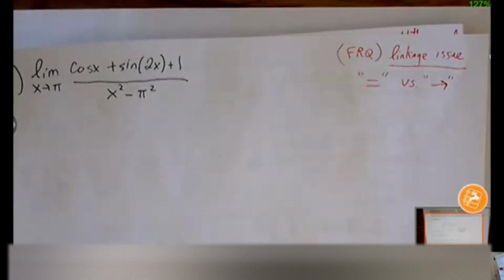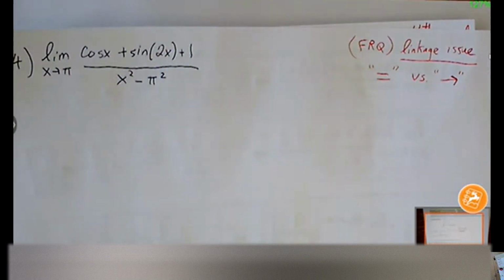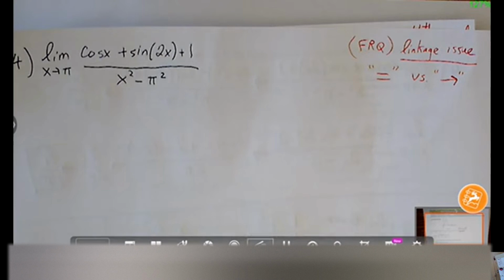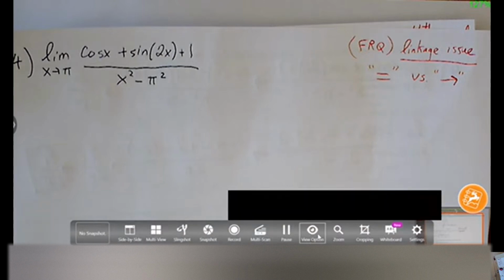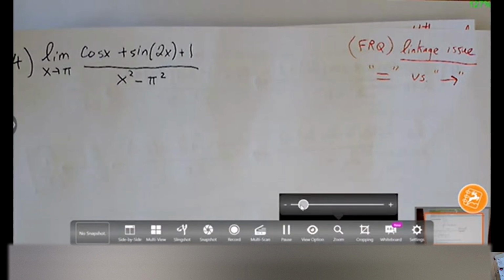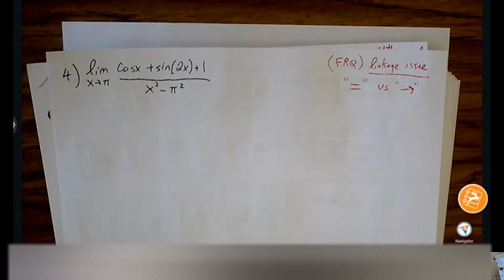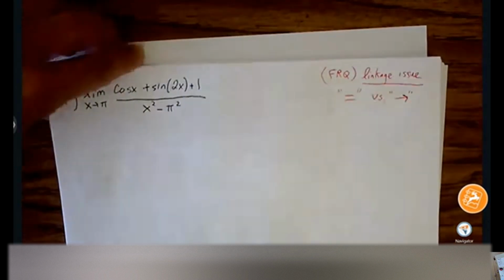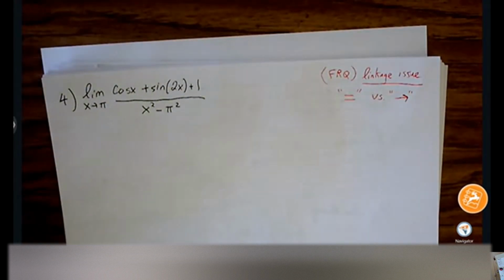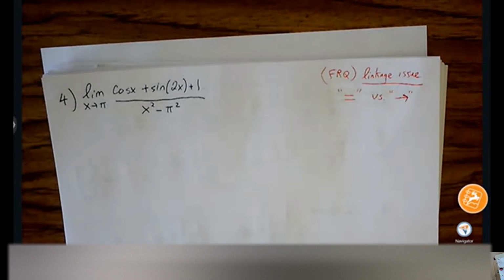Let me zoom out a bit. This is not an issue in the classroom. I think most teachers probably don't worry about this, but this is an issue on the AP exam. So we're just trying to understand how things are being graded and be able to work around those parameters.